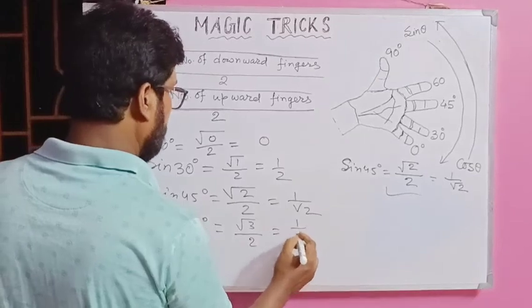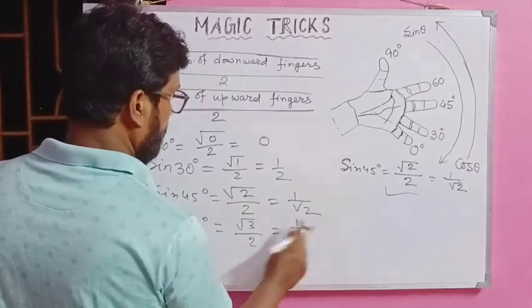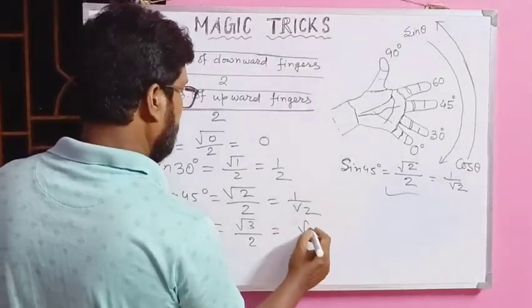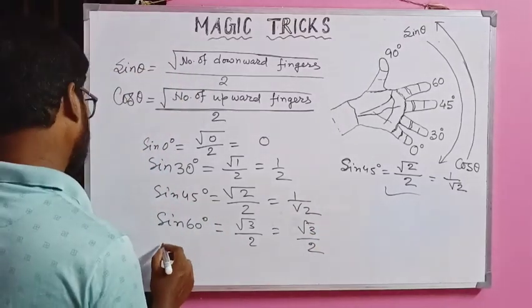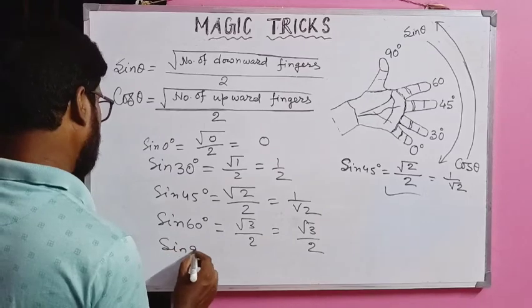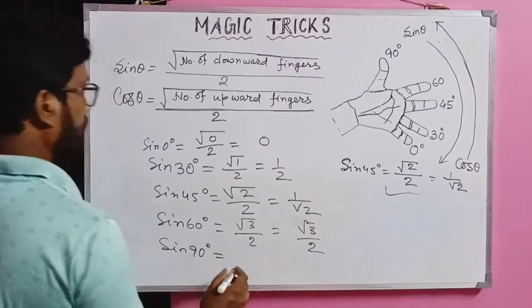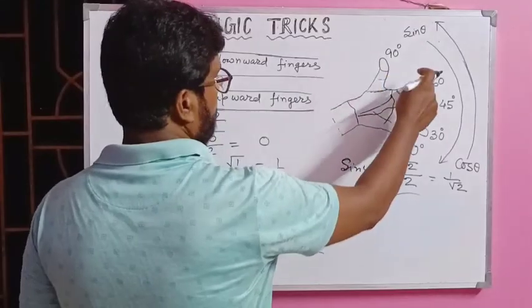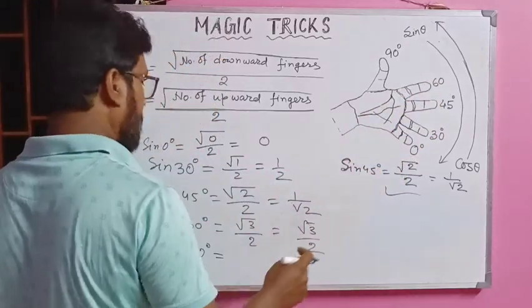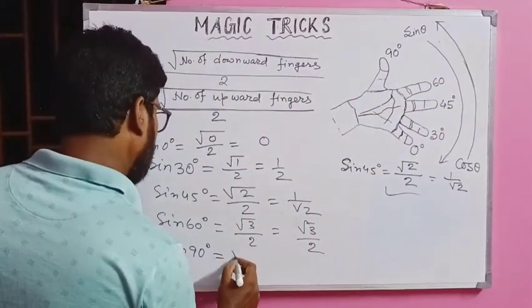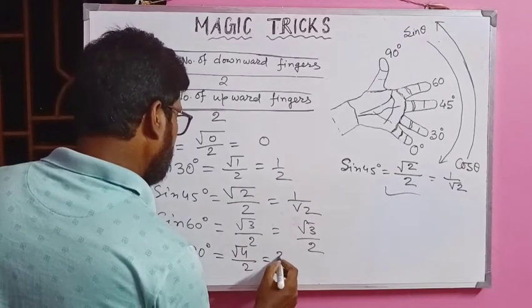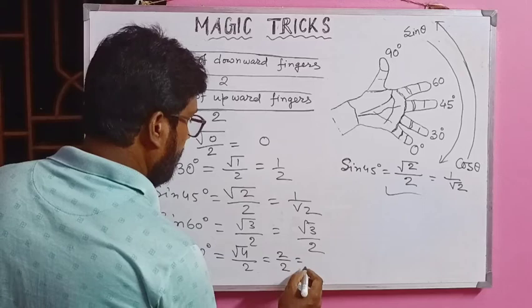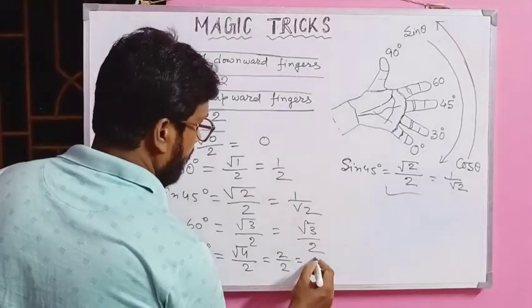Again, sin 90 degrees: here is 90 degrees, there are 4 fingers left in the downward direction, therefore root 4 by 2, which is 2 by 2, equal to 1.